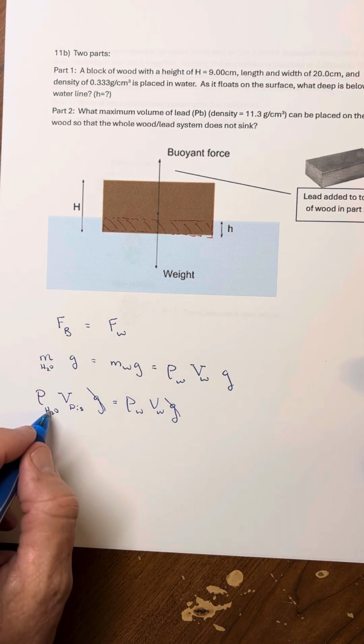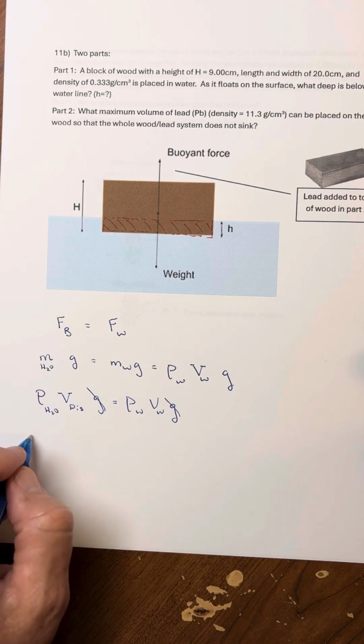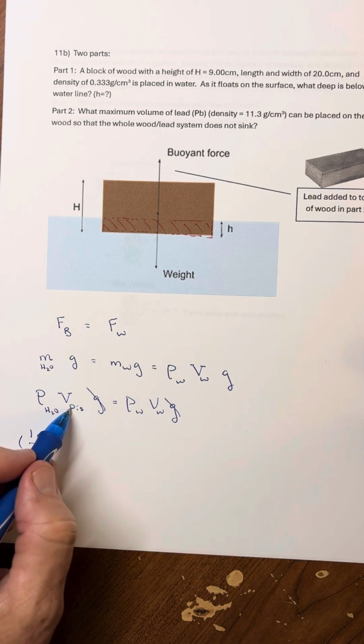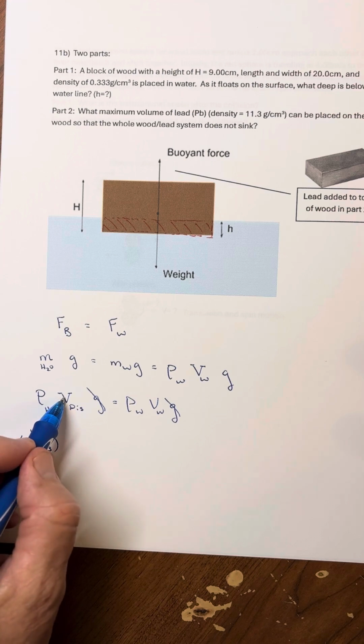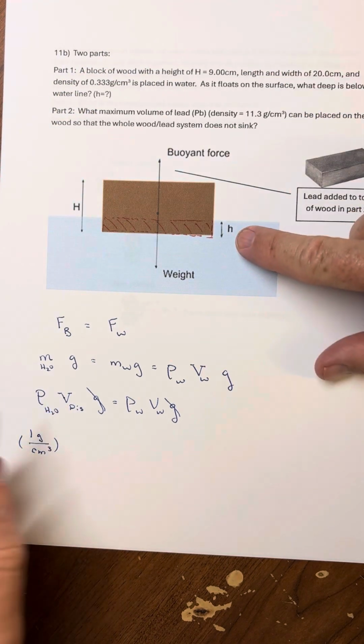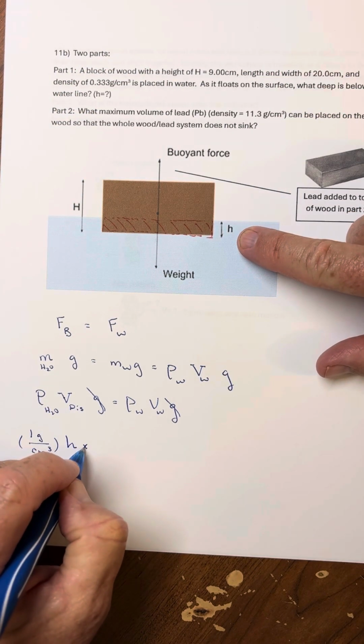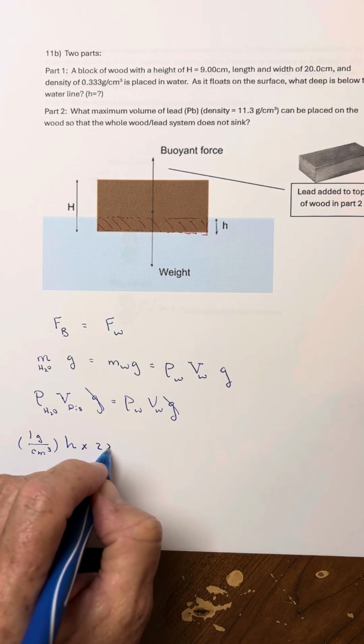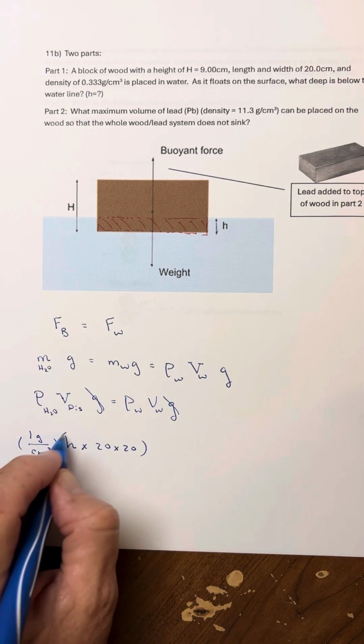So now I can take the density of water, which is 1 gram per cubic centimeter, and the volume displaced. Well, since the block is sitting down, it would be H times the length and the width. So 20 times 20.